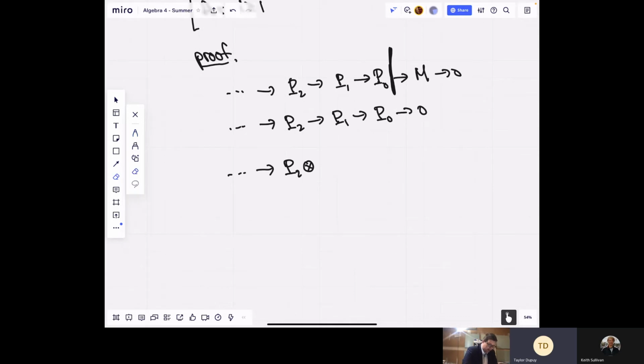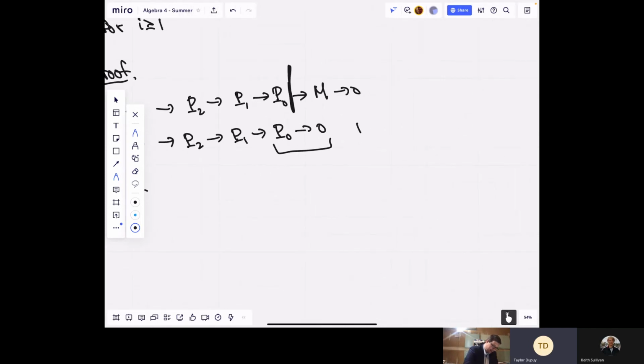So here's a question: how do I turn this into an exact sequence? We know that this isn't quite exact. So what we have to do to make this an exact sequence is we truncate.